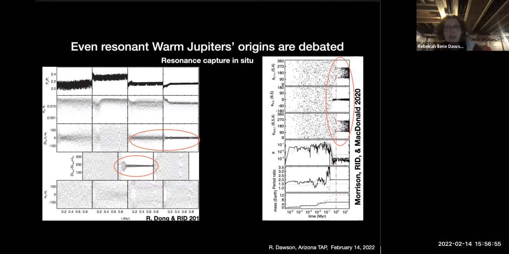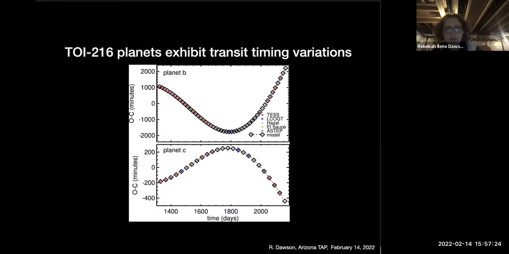So when we talk about if something's in resonance or not, what I want you to focus on is that resonant argument, that combination of angles that I talked about with Io, Ganymede, and Europa, and that's circled with red on my slides. When you see that sticking at one value with little oscillations, that means it's in resonance. So the ones I circled are examples of that angle where the system does end up in resonance without undergoing long-scale migration. So let's get back to the TOI-216 system.